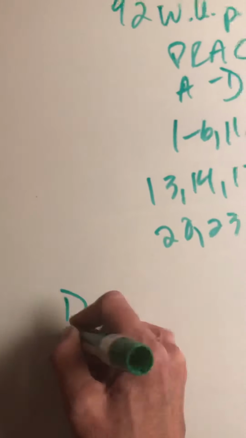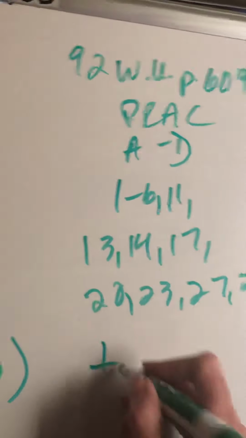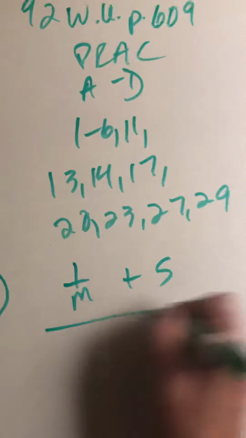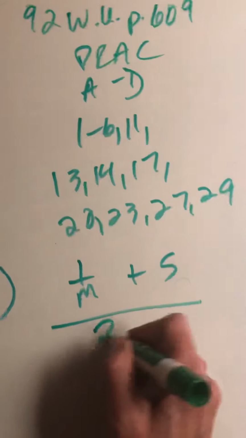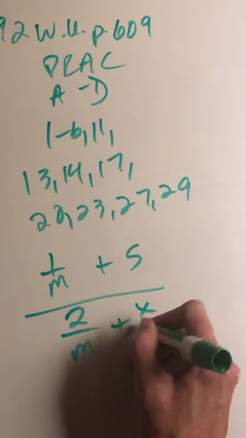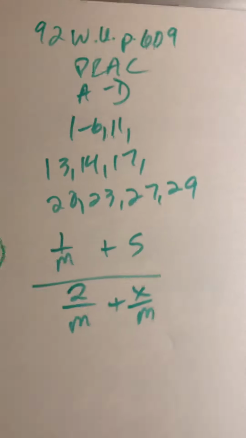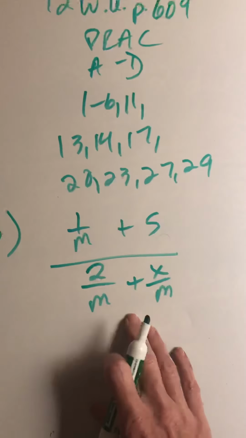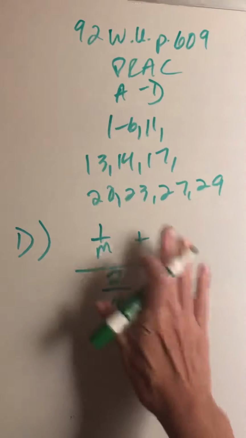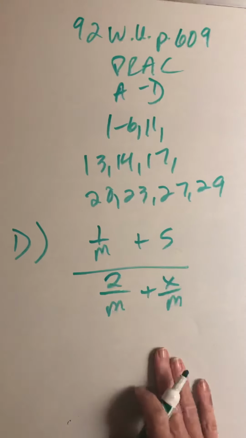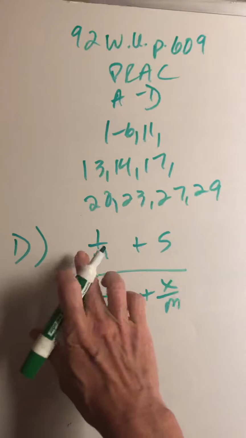Then the last one on the practice is D, and it is 1 over m plus 5 divided by 2 over m plus x over m. Okay, so these are the ones that we did. We did 2 of them at the end of the notes, where we have to find the common denominator, because I've got all this extra addition stuff in here that I've got to take care of, okay? So your common denominator is m.